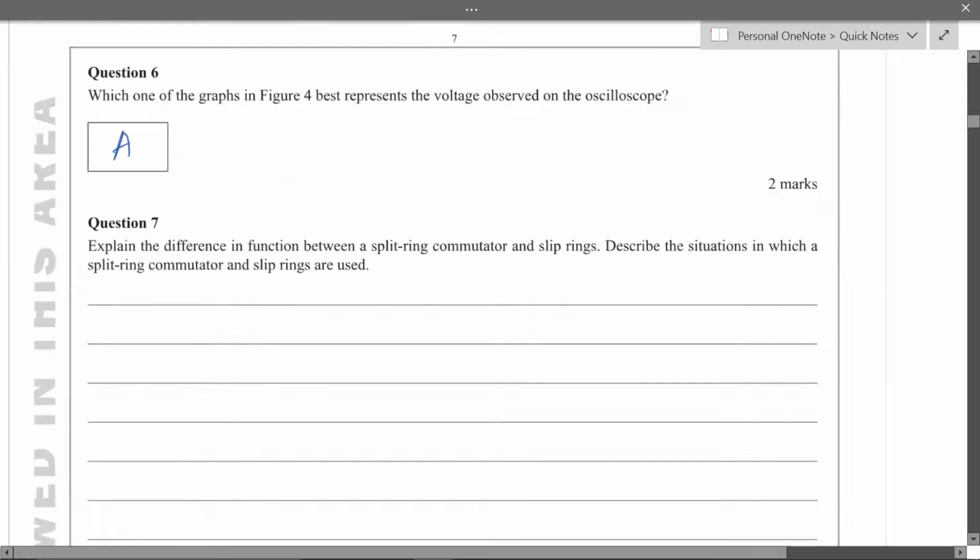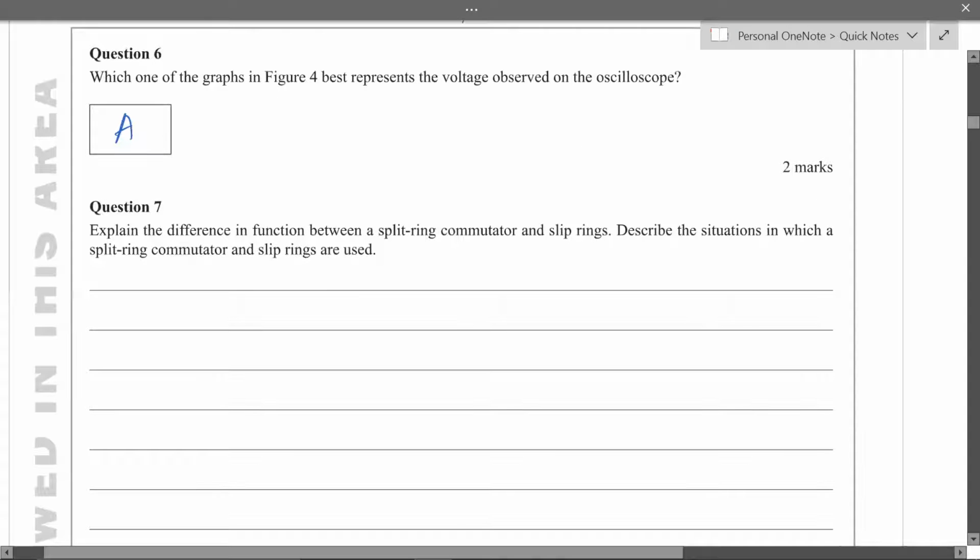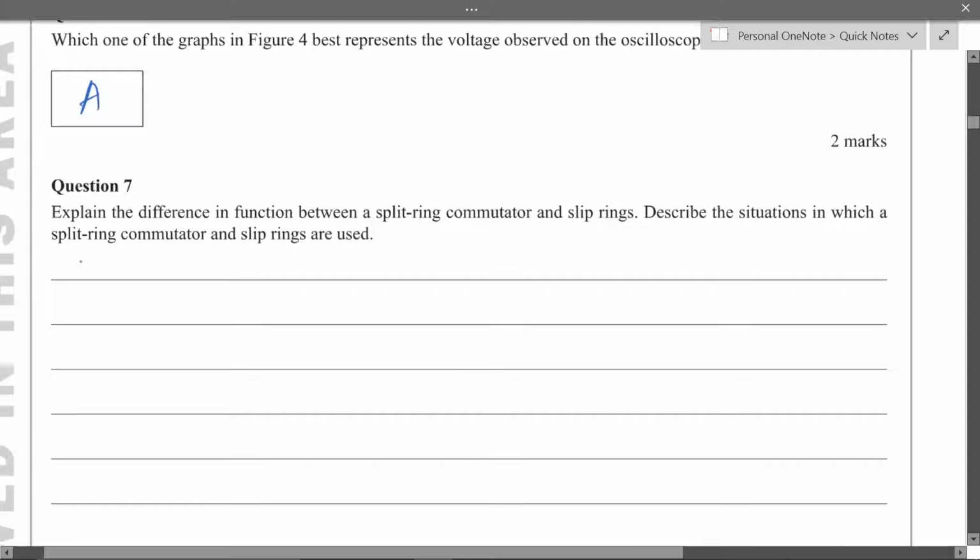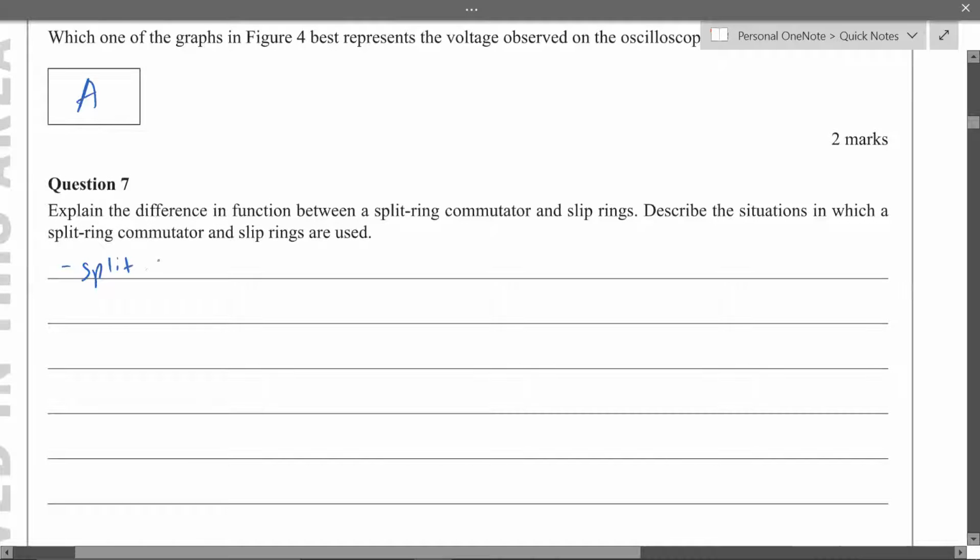Explain the difference, the function between the slip ring commutator and the split rings. If I write it really shorthand, split rings reverse current every half turn, allows torque in constant direction.